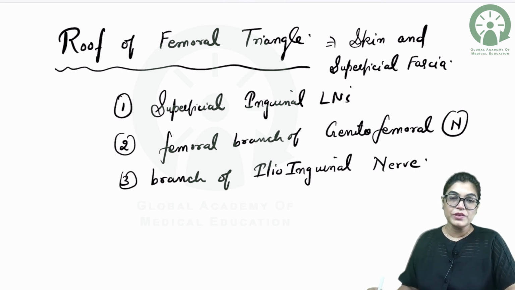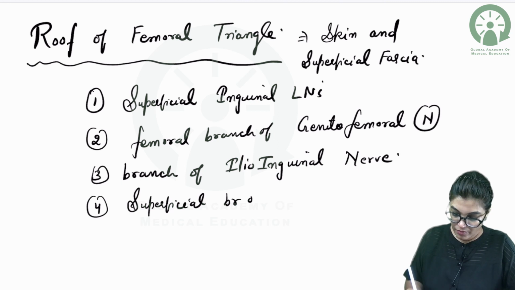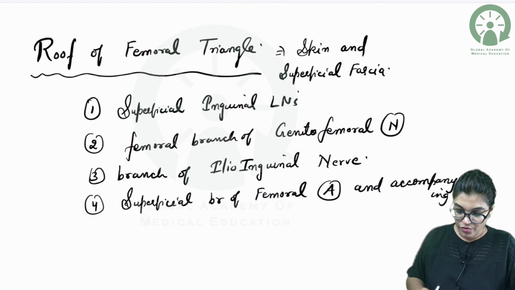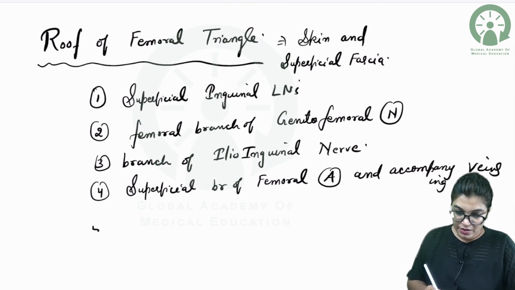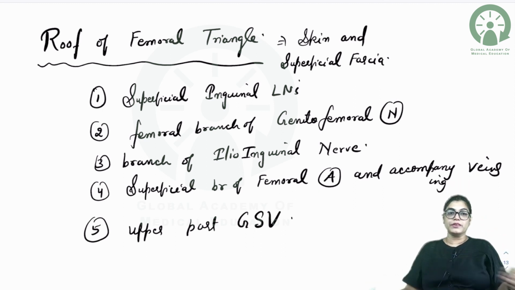It also contains superficial branches of femoral artery and accompanying veins. It also contains upper part of great saphenous vein or long saphenous vein. So these are the important contents residing in the roof of femoral triangle.